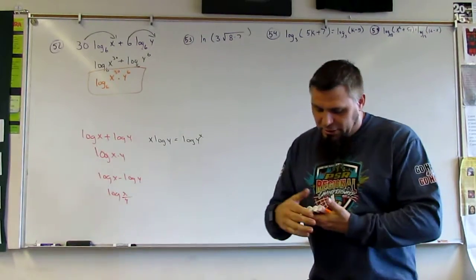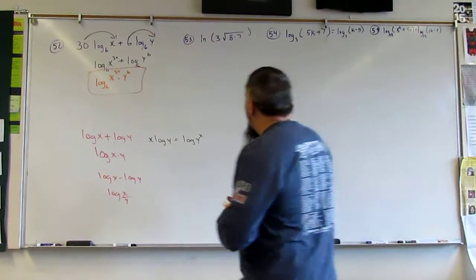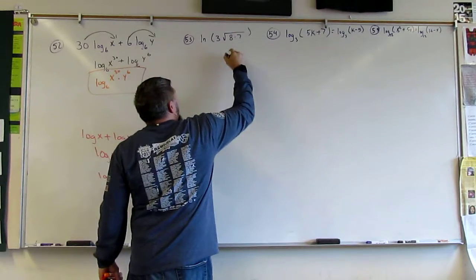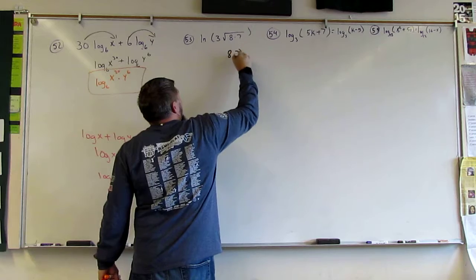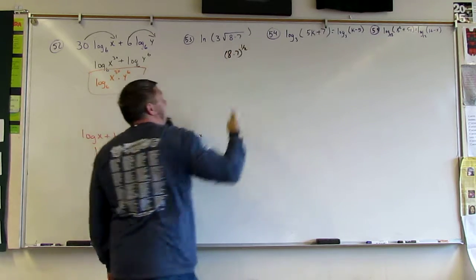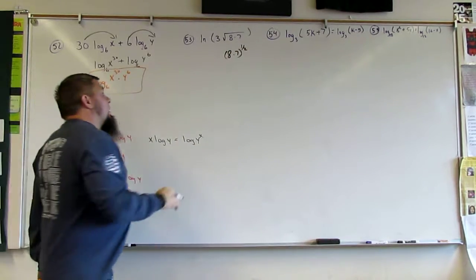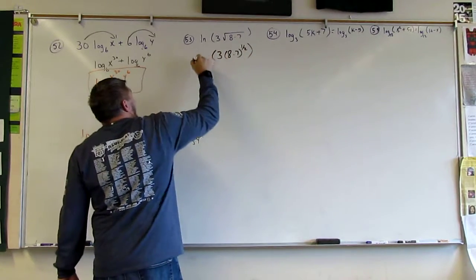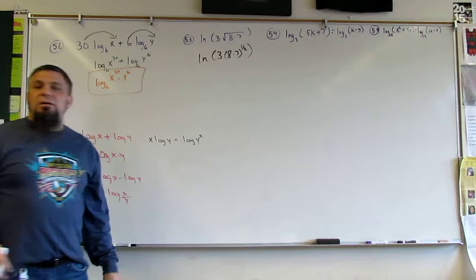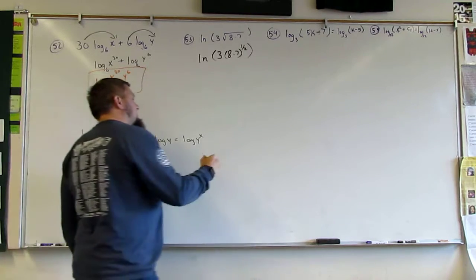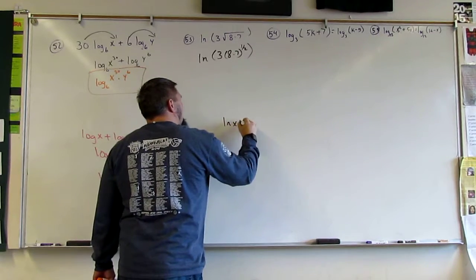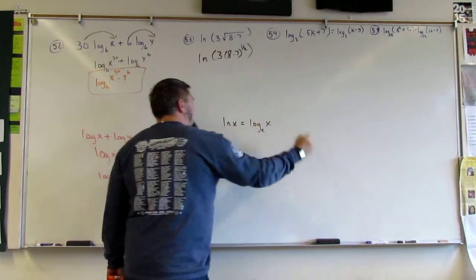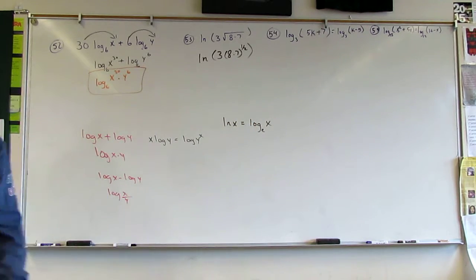Okay. So this one can be a little bit more difficult. We have to remember that this is 8 times 7 to the 1/2. And then it's multiplied by 3, and it's the natural log. Now that ln, don't be scared of it, ln of x is just the log base e of x. So it just has a specific base.